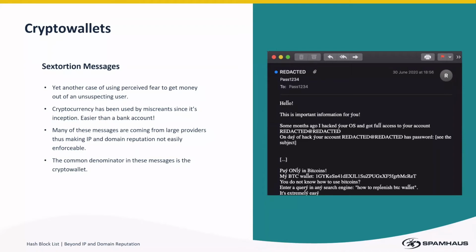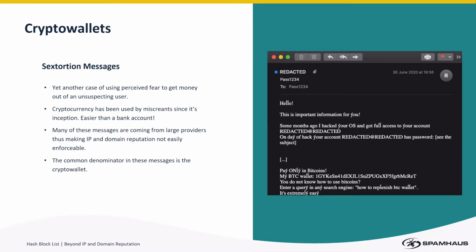Essentially, the hook here is that the miscreant is trying to stoke fear into the user they're sending to, to get them to go to their Bitcoin wallet or Monero wallet or whatever cryptocurrency they are deciding to use at that time, and try to make as much money as they possibly can.